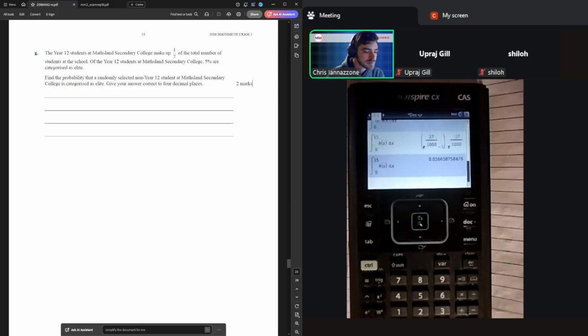2 marks, so there are going to be a few complications to worry about. Very tough question, apparently, as well. 6% got 1 mark and 5% got 2 marks.